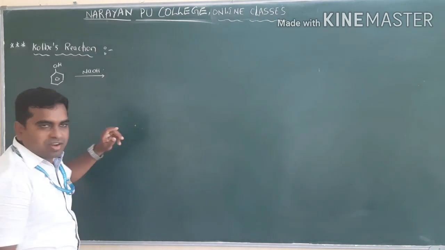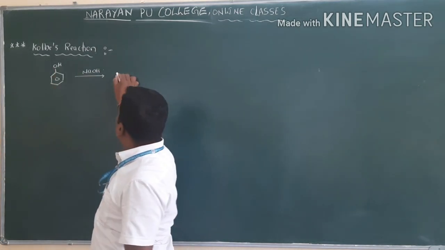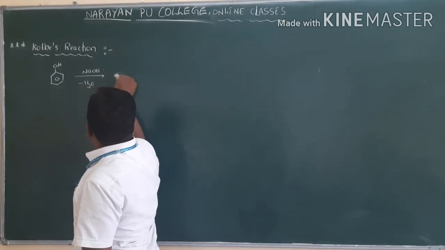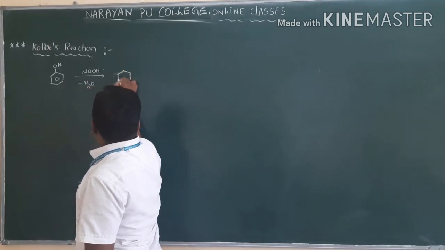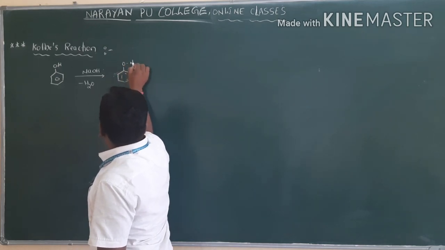Acid and base, you will get the salt plus water. Here H and here OH will be removed, minus H2O, and you will get the compound, sodium phenoxide.